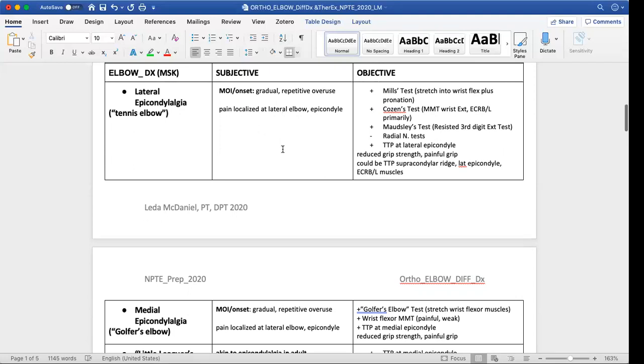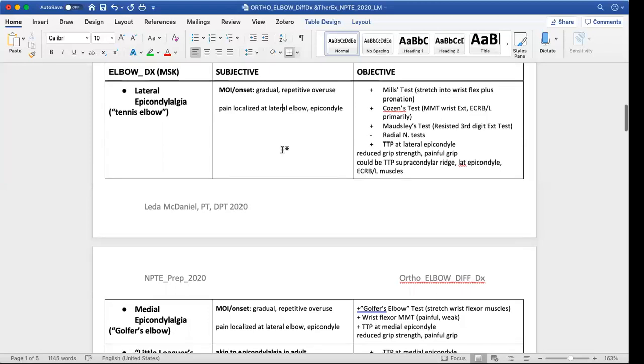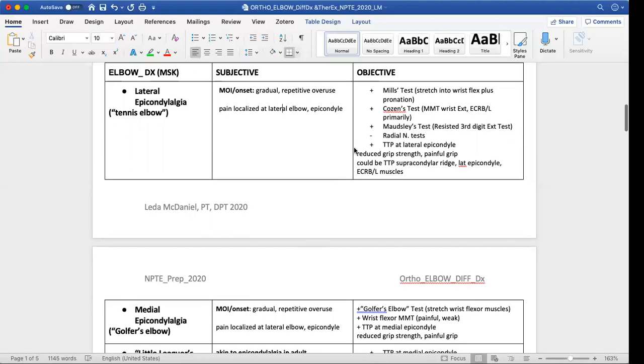Your objective testing is going to be consistent with that Cyriax diagnostic pattern. So you're going to passively stretch the tissue, and you're going to actively ask them to contract and apply resistance. Those two tests are special tests for this area. Mills test is going to be your stretch. Cozen's test is going to be your MMT on the muscles that pull on that tendon. So those are going to be your wrist extensors.